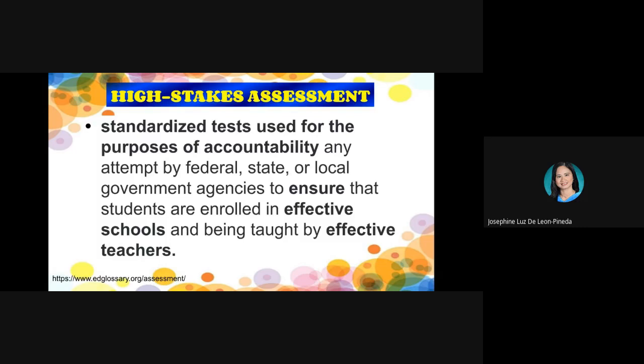For example, if test results are used to determine an important outcome, such as whether a student receives a high school diploma, the test will be considered a high-stakes test regardless of whether it's a multiple choice, an oral exam, an essay, or other types of tests.